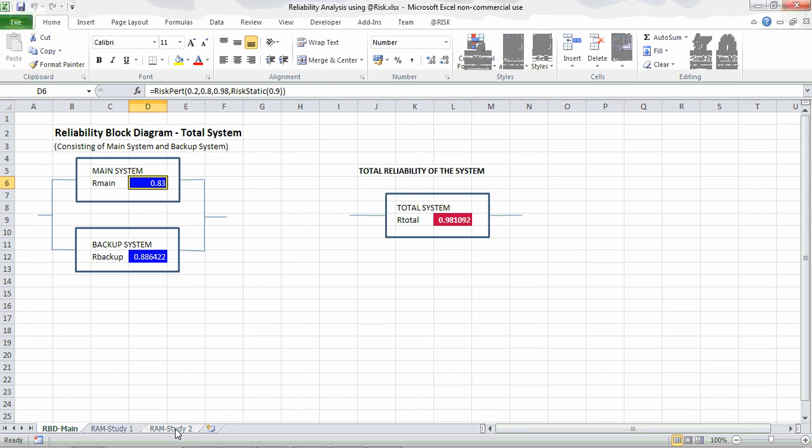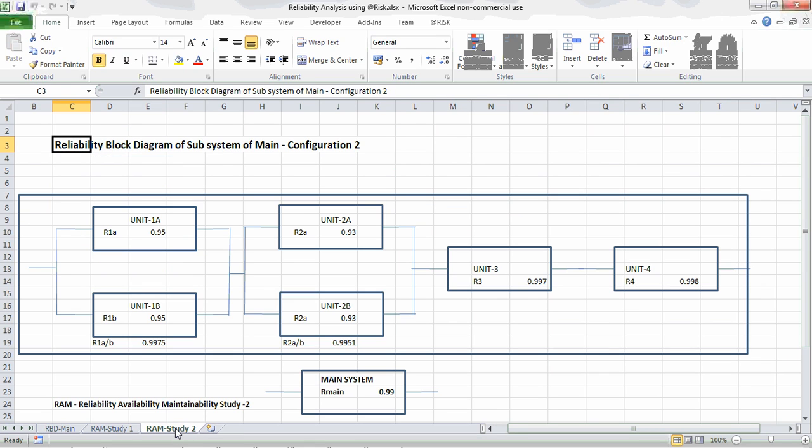Similarly, for RAM 2, what we have done is a configuration change. We add one more parallel system to unit 2A and 2B. So the reliability of system 1A and B is 0.9975 since they are already in parallel. Similarly, for unit 2A and 2B, the reliability is 0.9951, which is increased.